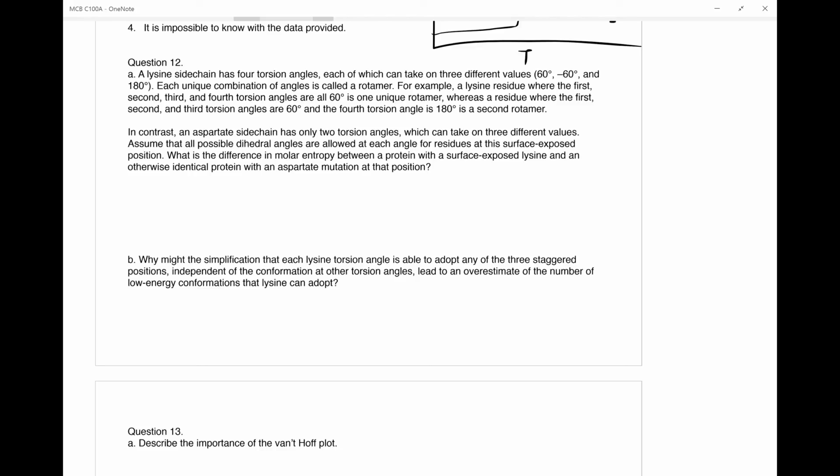In contrast, an aspartate side chain has only 2 torsion angles, which can take on 3 different values. Assuming that all possible dihedral angles are allowed at each angle for residues at this surface exposed position, what is the difference in molar entropy between a protein with a surface exposed lysine and an otherwise identical protein with an aspartate mutation at this position?